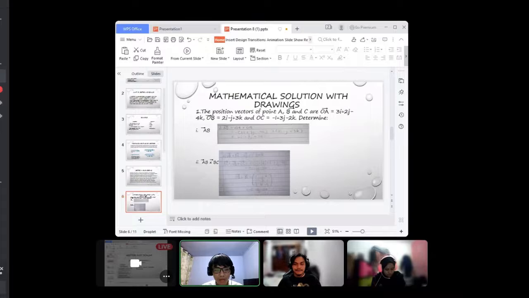Question number 2 is AB cross BC. AB equals negative i minus 3j plus 7k.